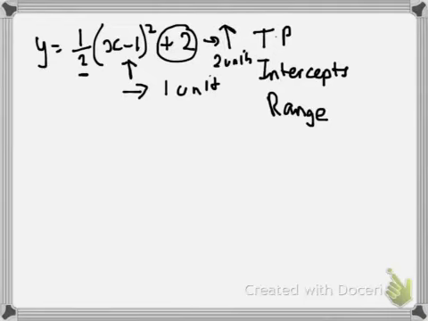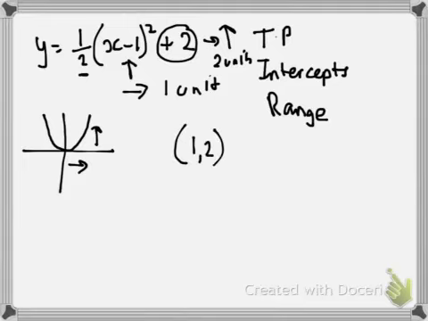So if we take the basic graph of y equals x squared, and move it to the right 1 and then up 2 units, we're going to get a turning point of (1, 2). So that's the turning point.